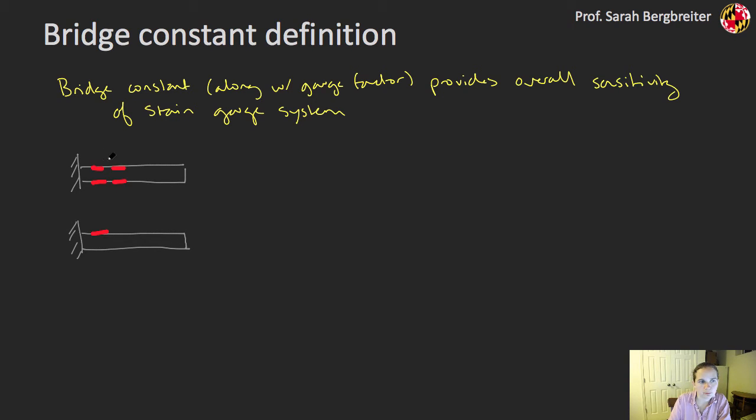So in this first bridge, if I add a moment on this cantilever, I'm going to see tensile strains on the top, and if these are close together, they're approximately measuring the same strain, and compressive strains on the bottom. And for this second option, where I only have a single strain gauge, I'm just looking at a single strain value there.